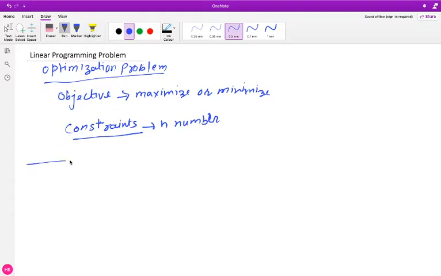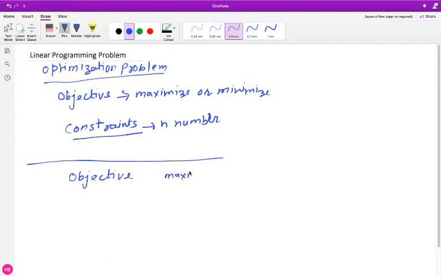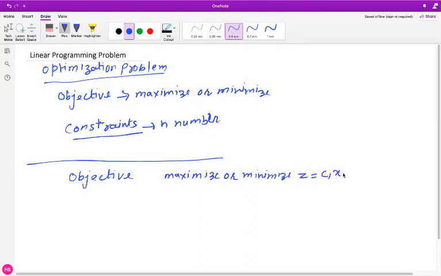Again, linear programming problem also is going to have an objective, and the objective will look like this: maximize or minimize z equals c1 x1 plus c2 x2 plus dot dot plus cn xn.